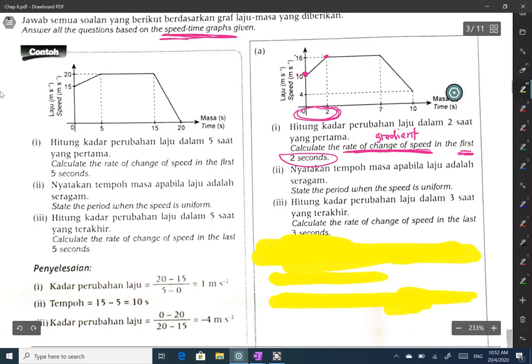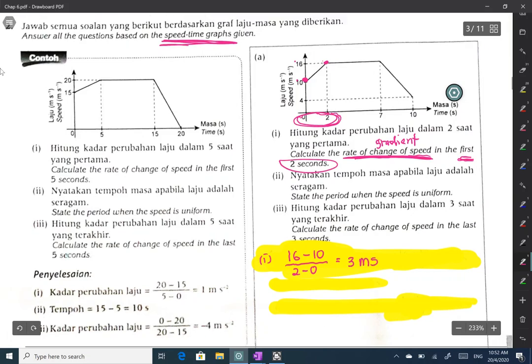Okay, number 1. So I use 16 minus 10, divide by, start from this, 2 minus 0, is equal to 3 ms.